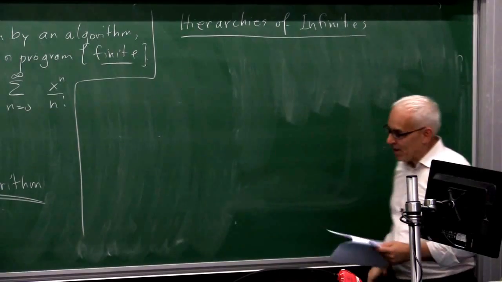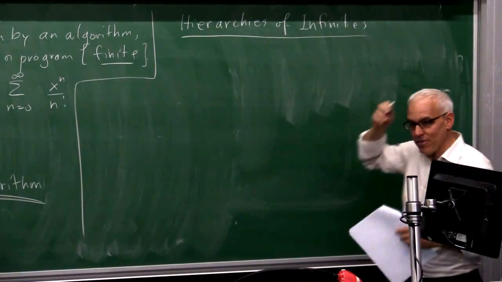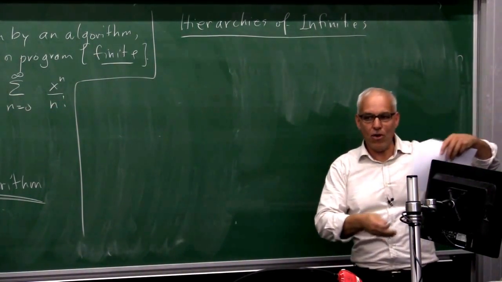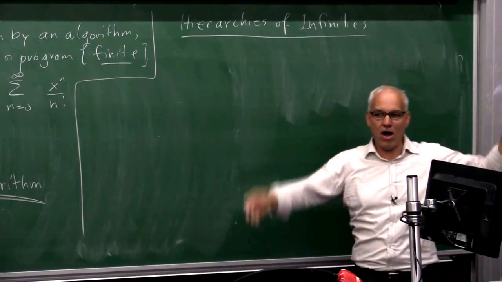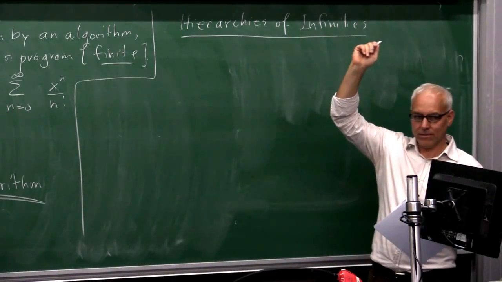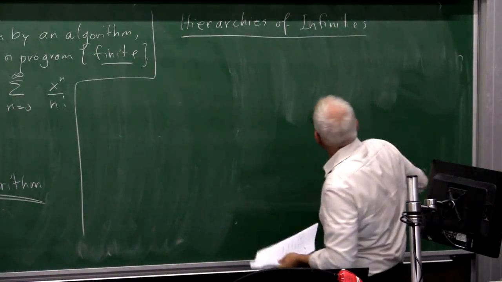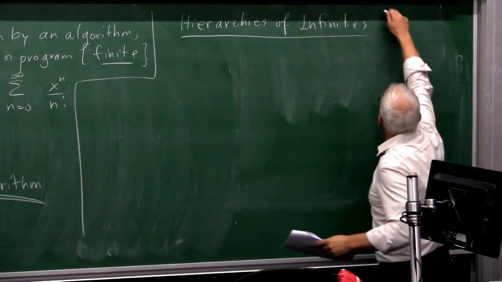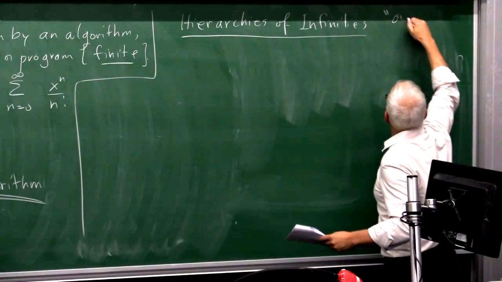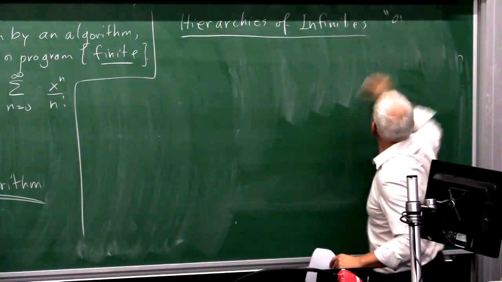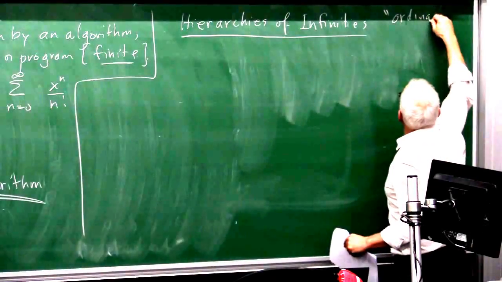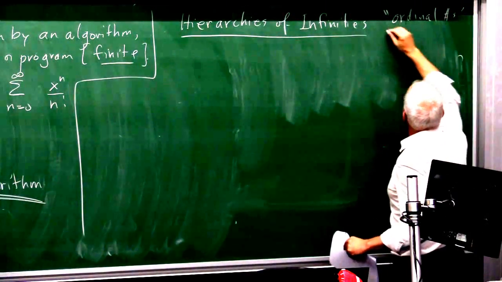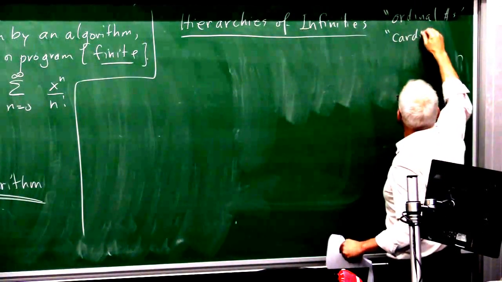Okay. So according to Cantor, there wasn't just one infinity, there was a whole hierarchy of infinities that went up and up and up. One way of describing this is through something called ordinal numbers, and another way is through something called cardinal numbers.